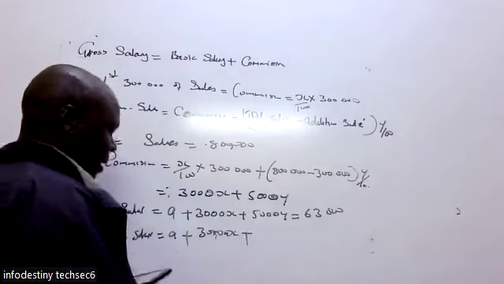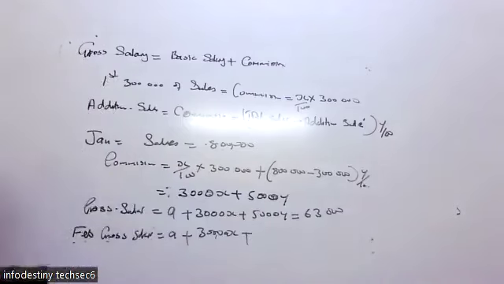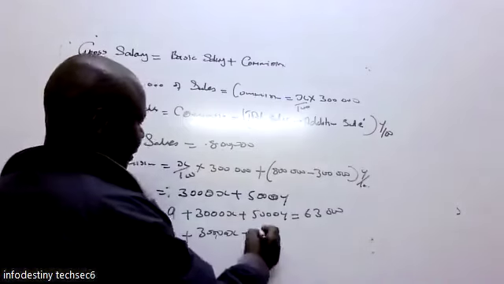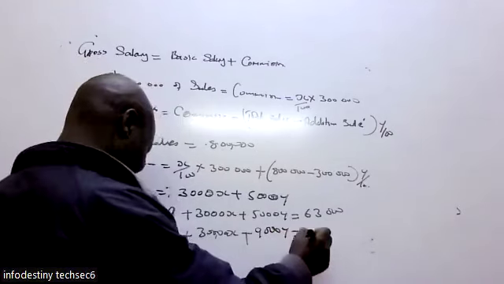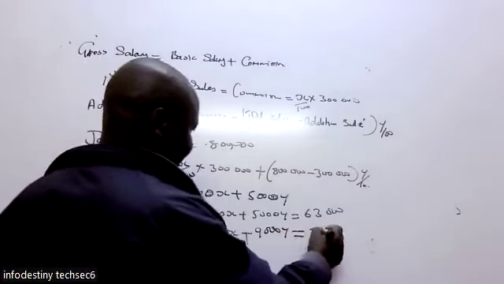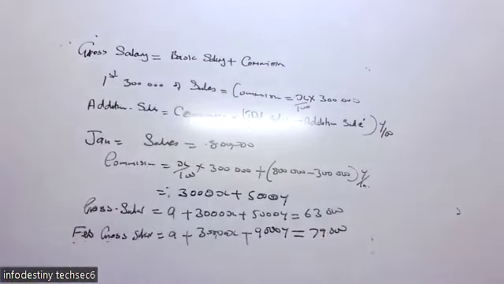Plus 1,200 minus 300, you get 900. So it's going to be 9,000y, equal to what? 79. I hope you are together. Are you together?